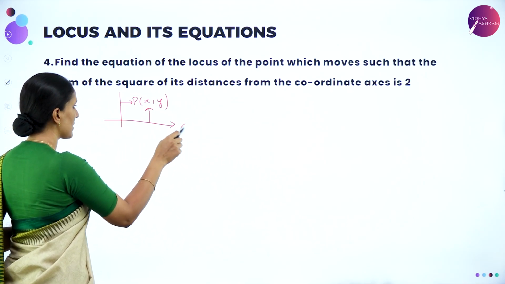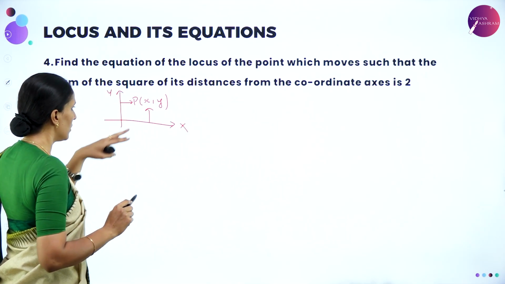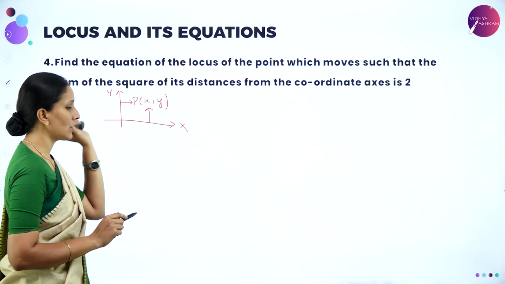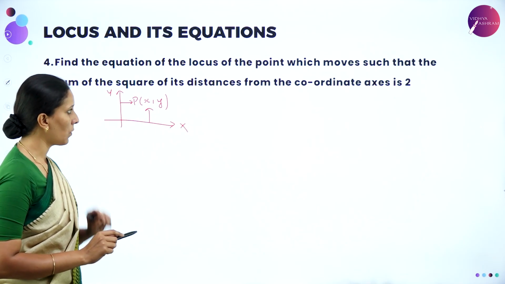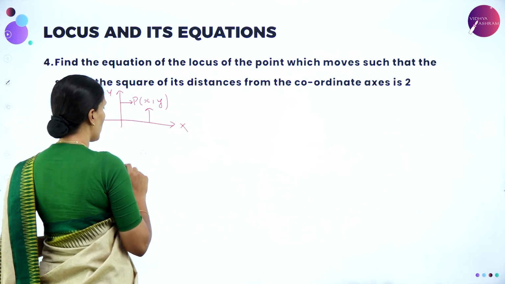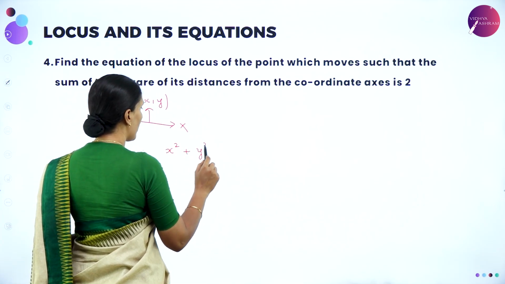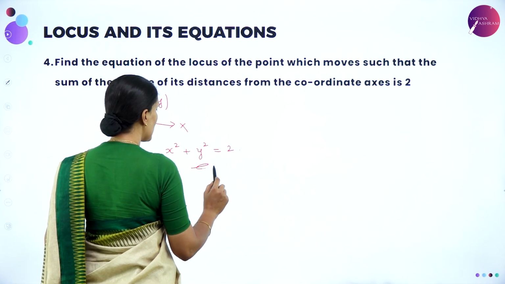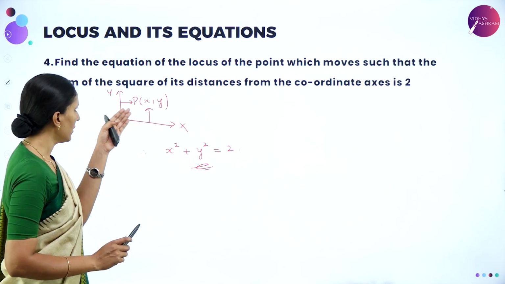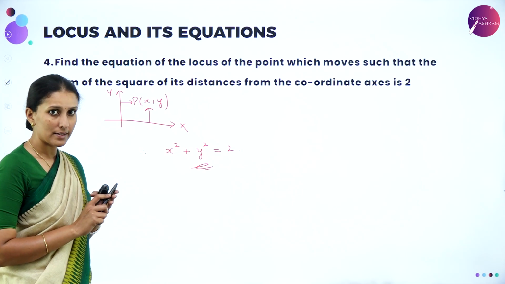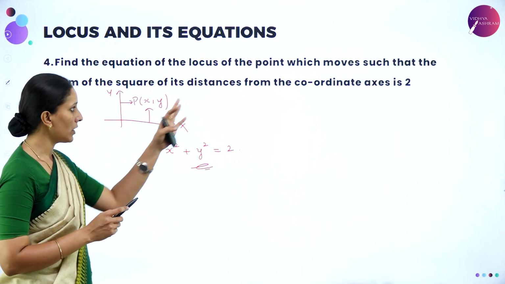One is our x axis and one is our y axis. The square of the distance from the x axis and the square of the distance from the y axis, their sum is equal to 2. So therefore this is x square plus y square is equal to 2. So it's a simple equation. Here the distance from the x axis is y and the distance from the y axis is x, and the sum of their squares is equal to 2.